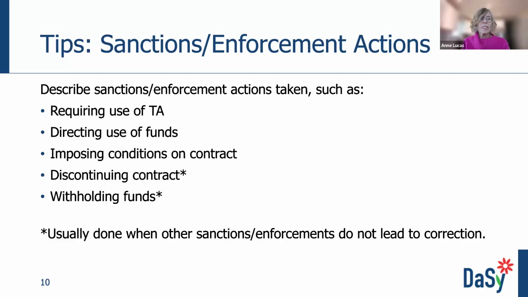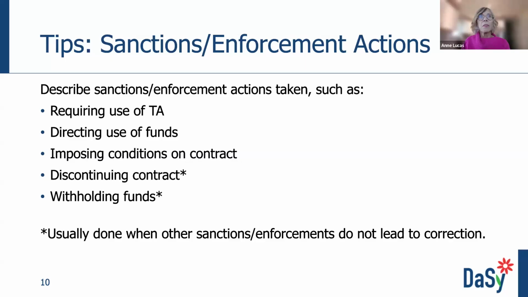Again, these are just examples. These are things that you might do, and they would have to align with IDEA requirements as well as uniform guidance. And you could do things like requiring TA, directing how they use funds, imposing conditions on the contract if things don't progress and correction doesn't occur.